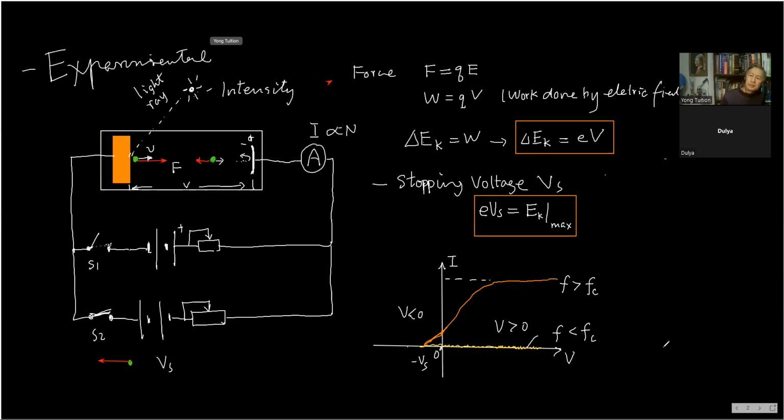For example, if you use purple color, you can do this experiment, measure the current caused by accumulated electrons, or measure the stopping voltage to get the maximum kinetic energy. However, if you use red color instead, this phenomenon disappears completely, no matter how strong the intensity is. Can you see?